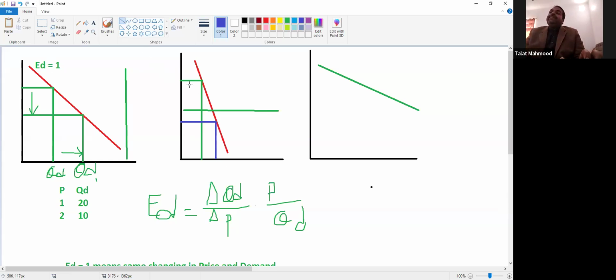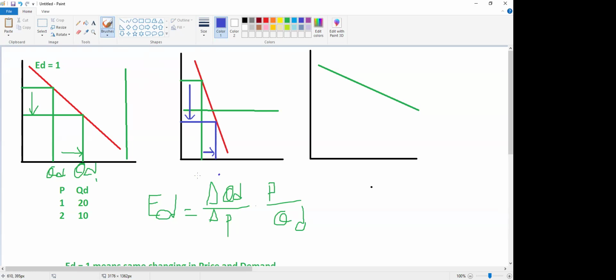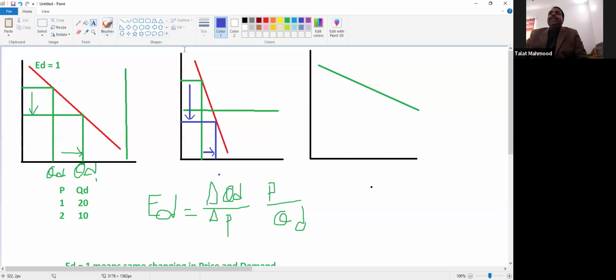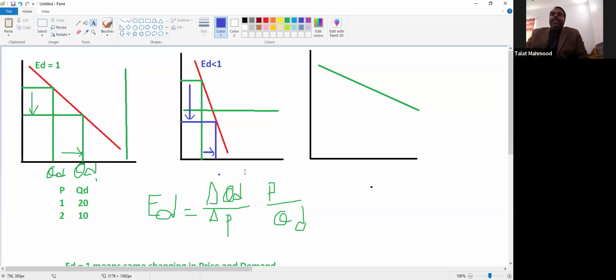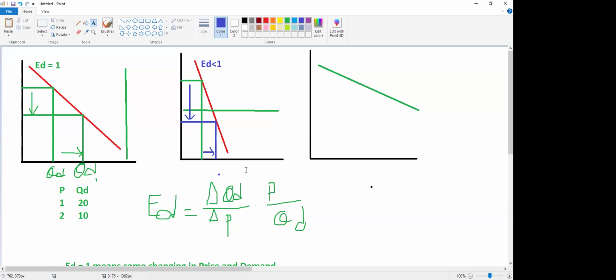You see that price has gone down and quantity demanded has shifted rightward. Which is the larger change, the bigger change in price or demand? Price. So it means it is not affecting the demand properly. So we will say that elasticity of demand is less than 1, because here demand is less affected by the price. Is it clear? Yes.